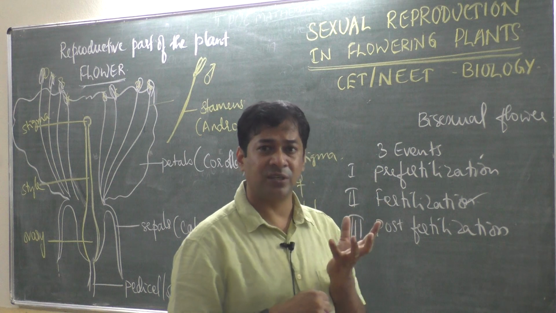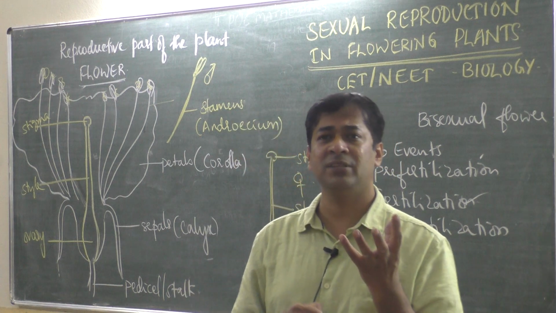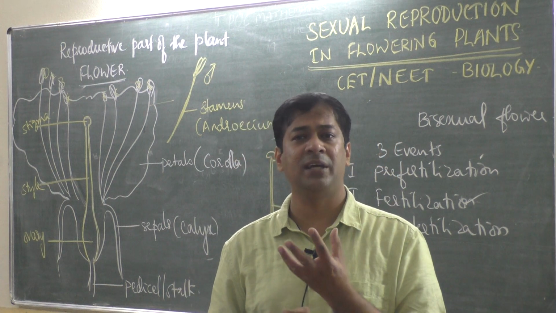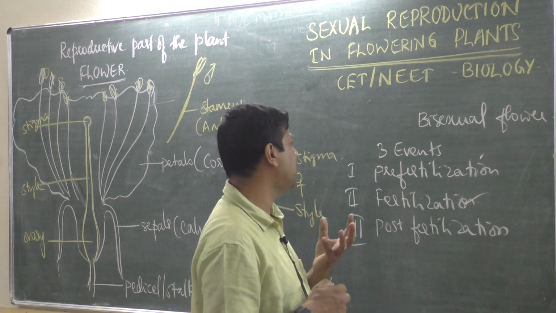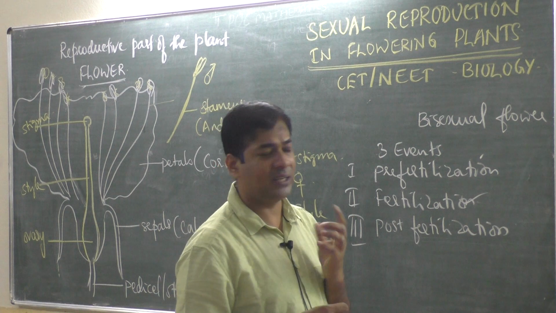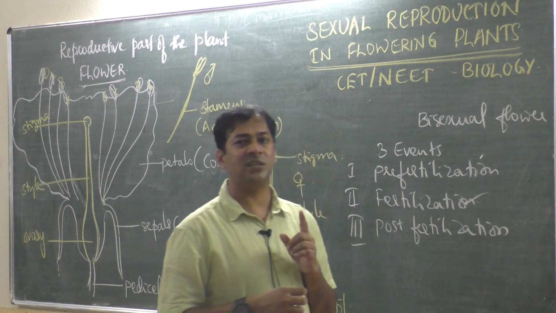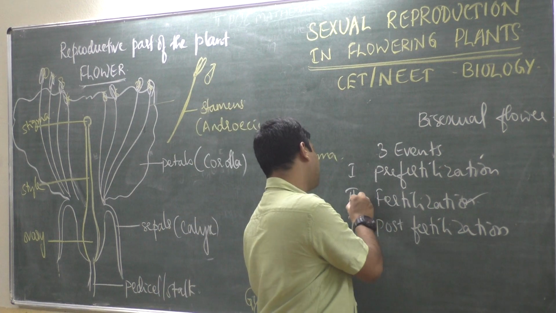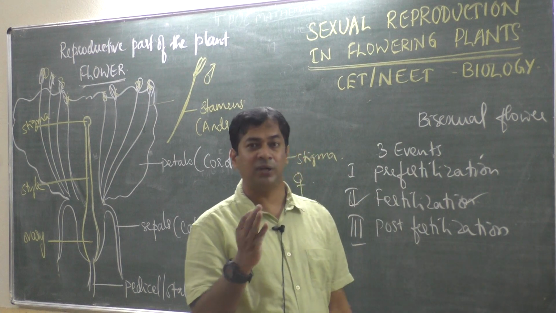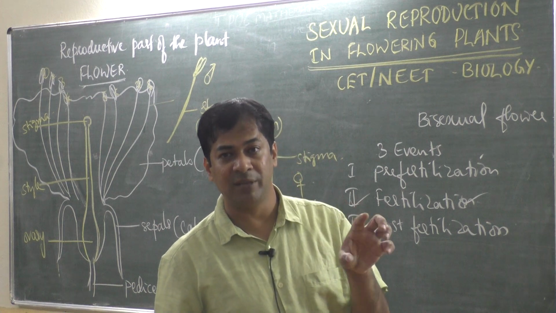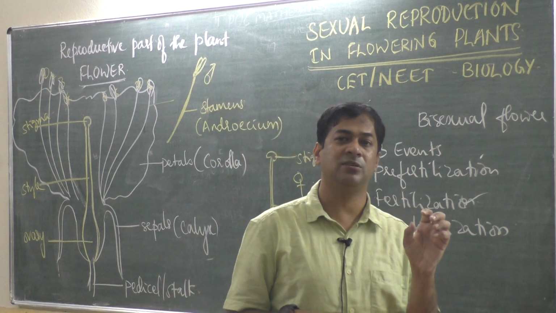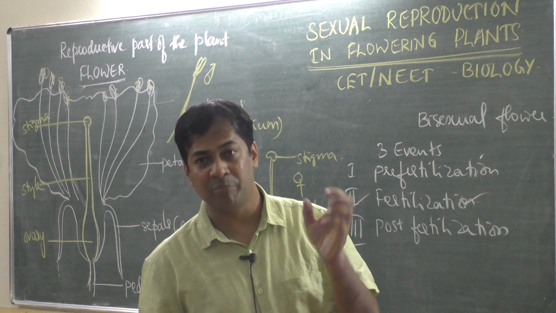So here the flower should mature and start producing androecium and gynoecium, that is stamen and pistil. When it produces both male and female reproductive organs, then only double fertilization, triple fusion happens, that is actual fertilization. So what should happen before fertilization then? Formation of stamen, that is androecium, and formation of gynoecium should happen in the flower.